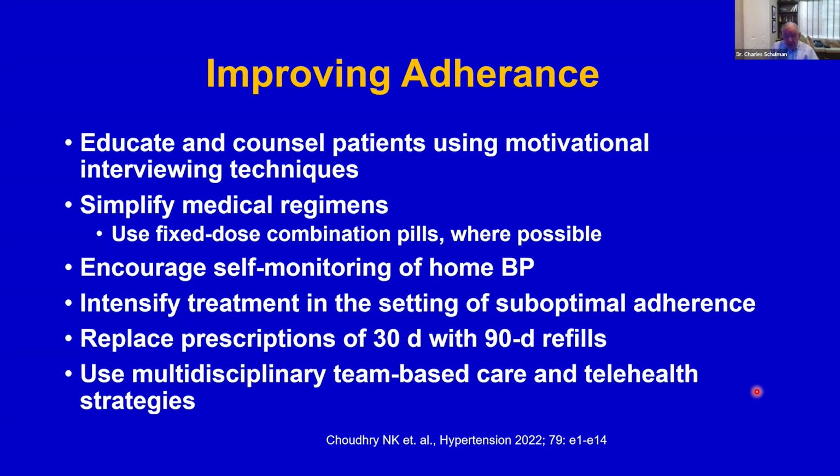Number one, repeat the blood pressure during the visit. Number two, call the patient at home and find out what their home blood pressures were. Number three, encourage more frequent contact with the heart care team, or use telehealth.